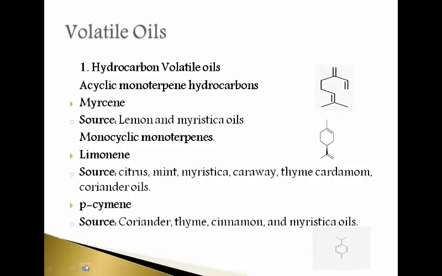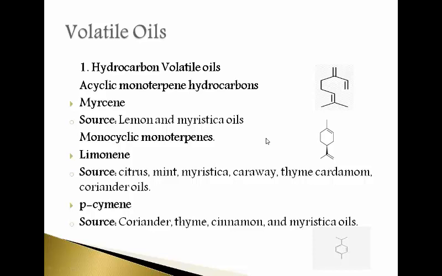Acyclic monoterpene hydrocarbons include myrcene, which is present in lemon amarettica oil. It is acyclic, which you can see here in the structure. The ring is not complete, and as it is monoterpene, it means that it has 10 carbons.